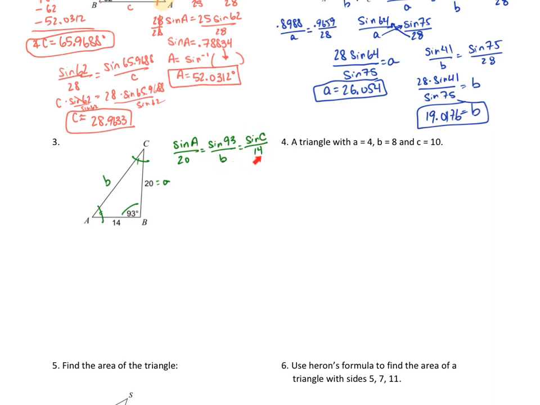If I use the second and the third, I've got two variables. If I use the first and the third, guess what? I still have two variables. So I cannot use the law of sines here because no matter what ratio I set up, it won't work. So I have to move on to the law of cosines.